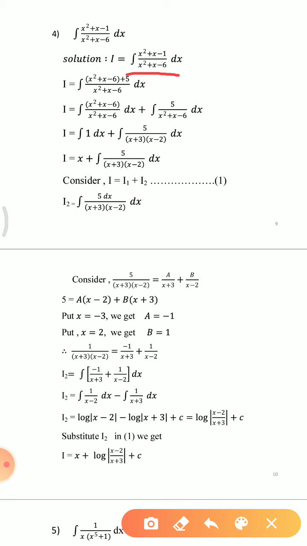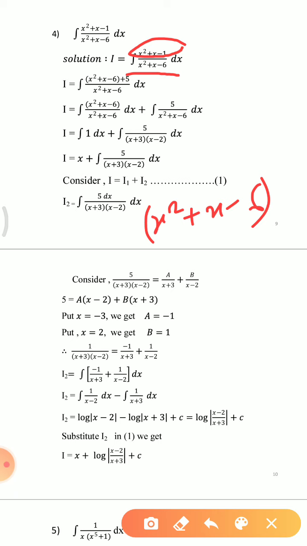In the numerator we have x² + x − 1 and in the denominator x² + x − 6. We should adjust the numerator to x² + x − 6, but if we adjust it, the numerator value should not change, it remains as it is.